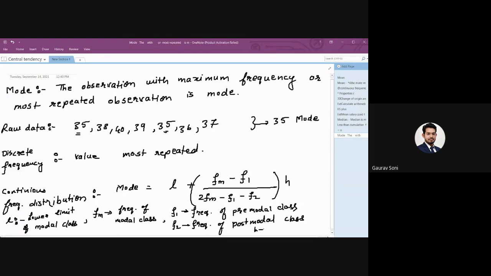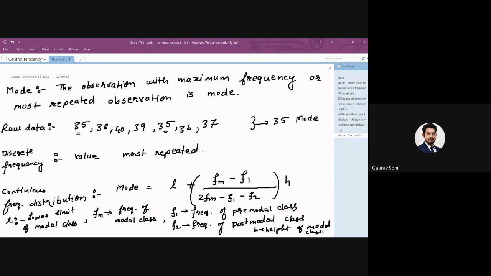And h is the height of the class, the height of the modal class. So this is all about mode.